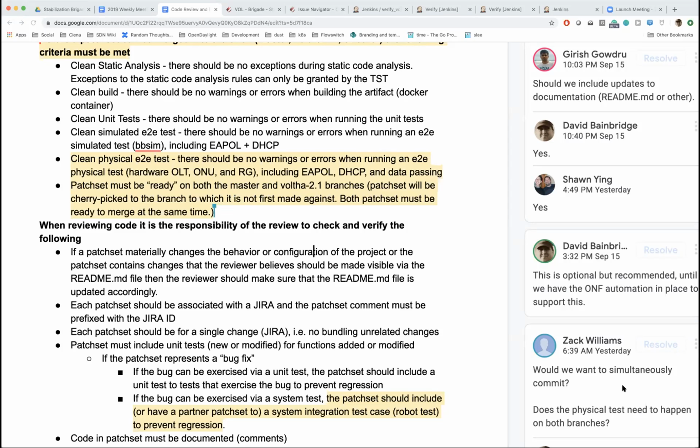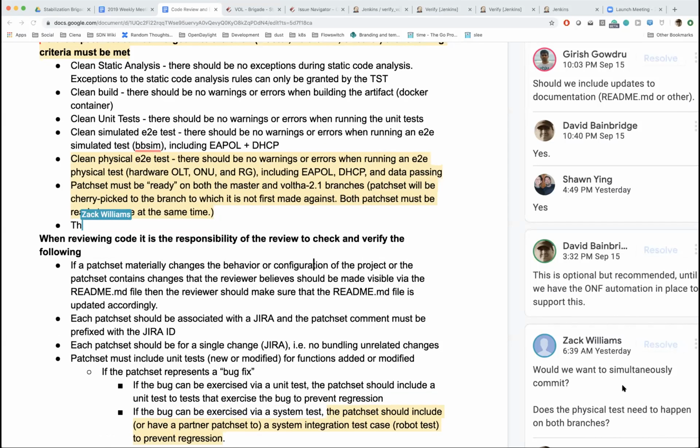So again, that was just an optimization, really. But the requirement still is that each patch set minus documentation would require that. And again, we understand that's a bigger burden. Okay. But the upside is once Jenkins is able to do this on submit, it makes this a lot easier. Yes.